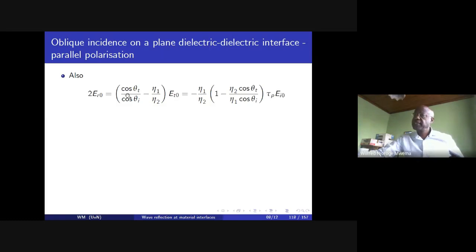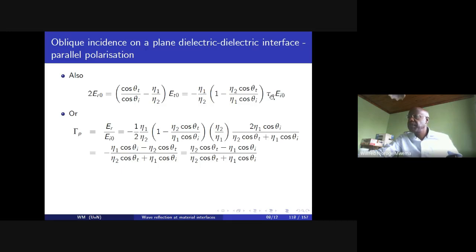Again, for the reflection coefficient, we subtract the two equations we had before from the continuity conditions. And what we get is the minus of eta 1 by eta 2 into that, multiplied by the transmission coefficient for parallel polarization. And once we replace these values, this is what it comes to.